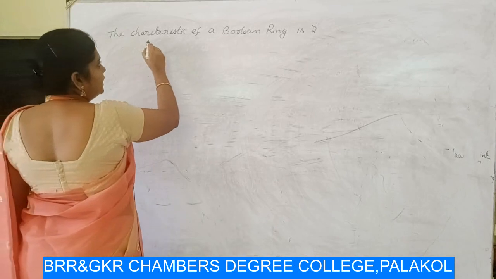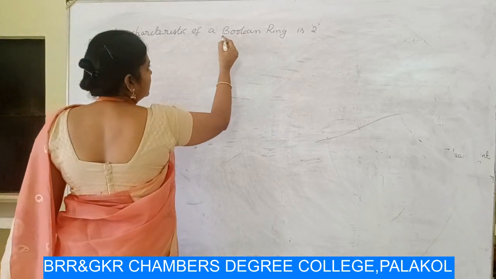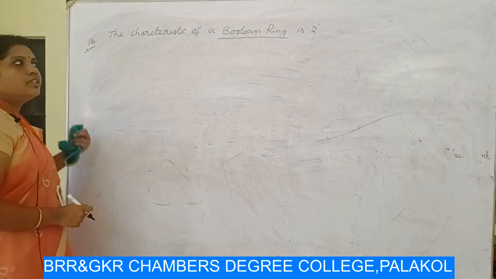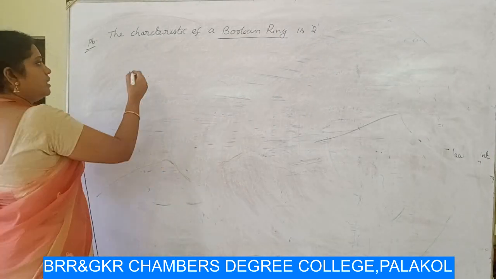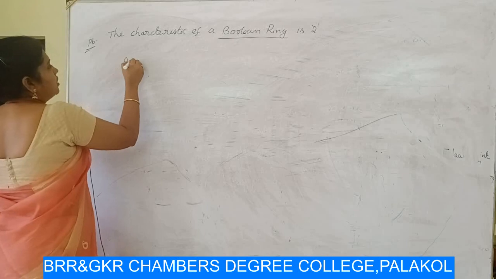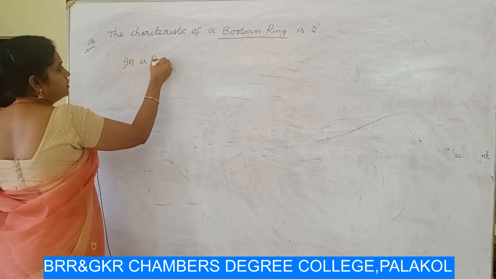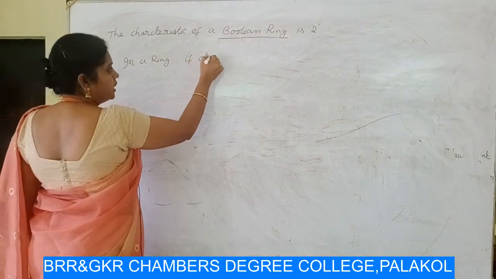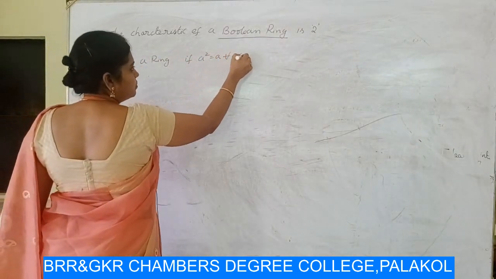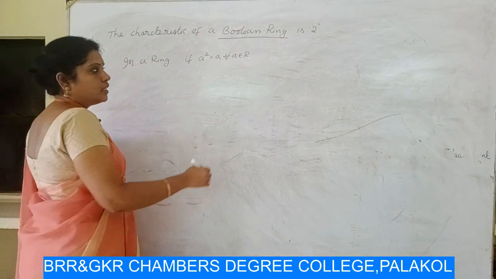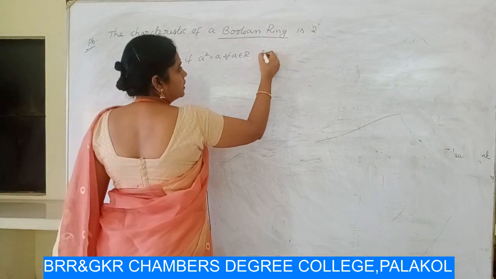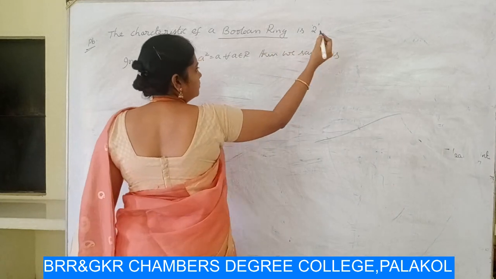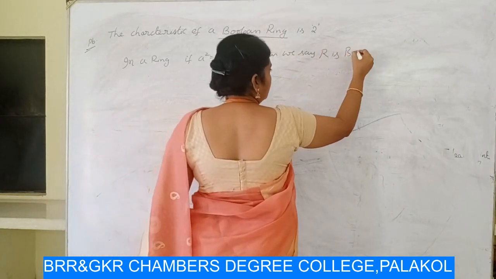In the statement, the characteristic of a Boolean ring. What is a Boolean ring? Already I told the definition of a Boolean ring: in a ring R, if a square is equal to a for all a belongs to R, then we say that R is a Boolean ring.